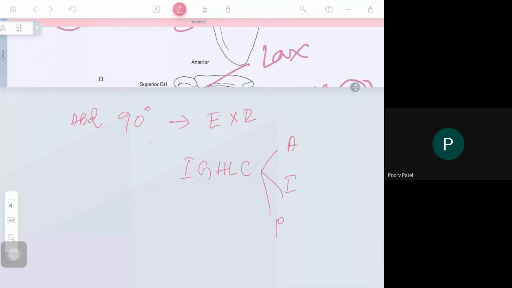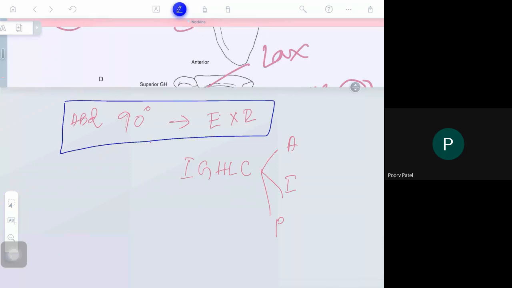So what will happen in this situation? The anterior will become taut and the posterior will become lax. Am I right?